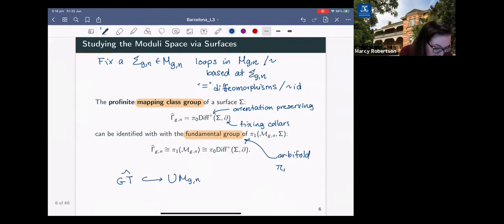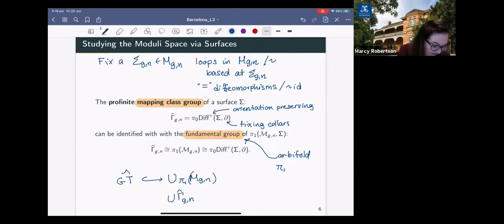Well, maybe not on the moduli spaces, but on the fundamental groups. But I can instead look at what's happening at mapping class groups and then profinitely complete.